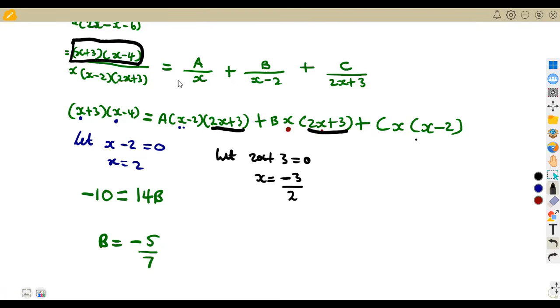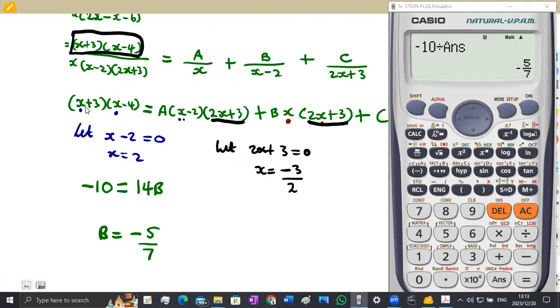So in place of x, you're going to substitute here. That's a bracket. So you're going to have minus 3 over 2 like this, plus 3, times the bracket of x minus 4. Our x is minus 3 over 2.